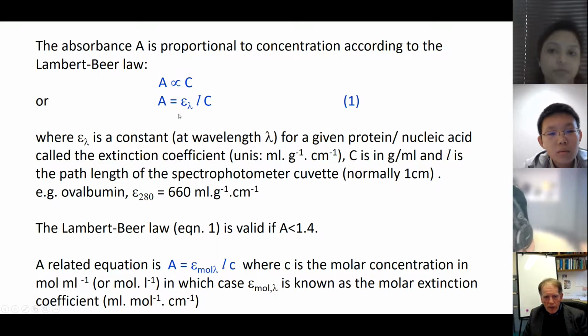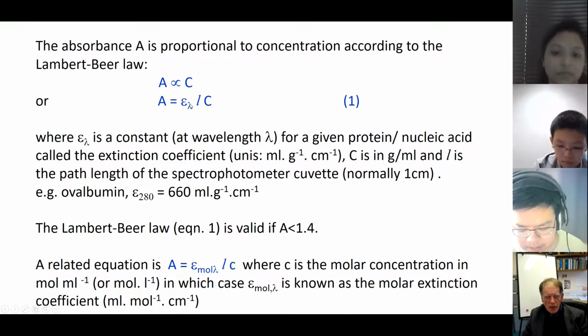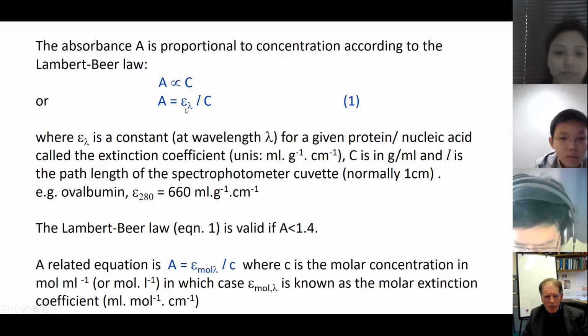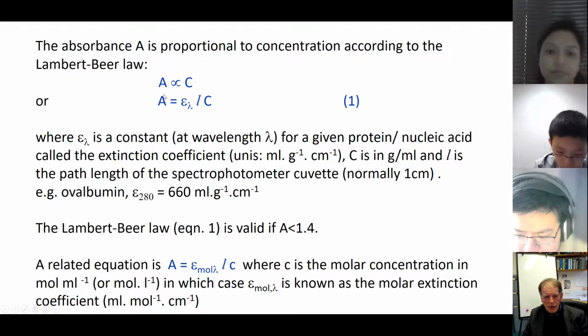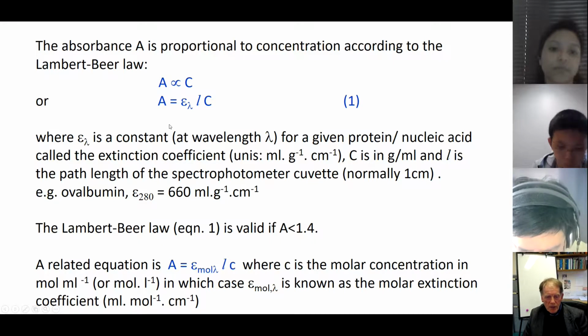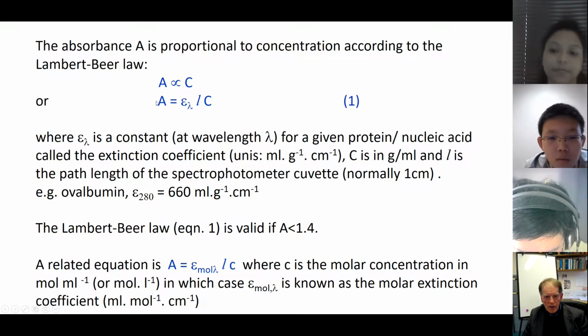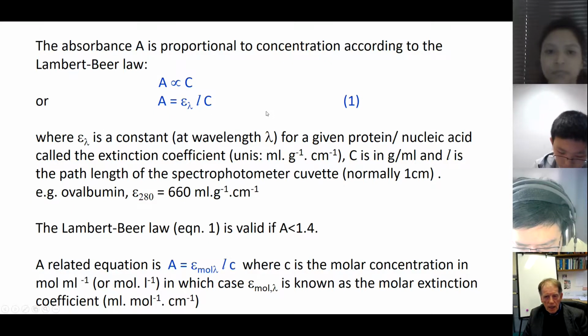Polysaccharides, by the way, have no tryptophans and tyrosines, so they will have an extinction coefficient of 0. And hence, we generally find that in the near ultraviolet, that means around 280 nanometers, the absorbance of polysaccharide solutions is also 0. That's why we can't really use spectrophotometers for looking at the concentrations of polysaccharides.